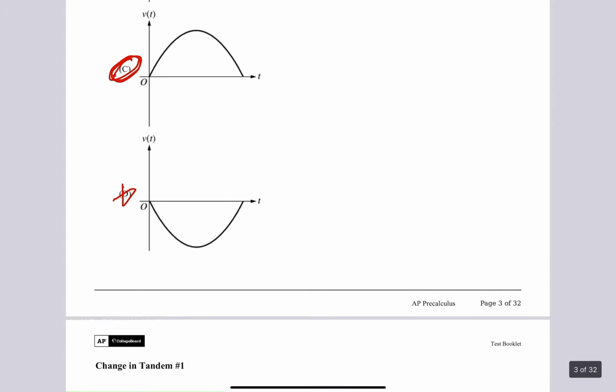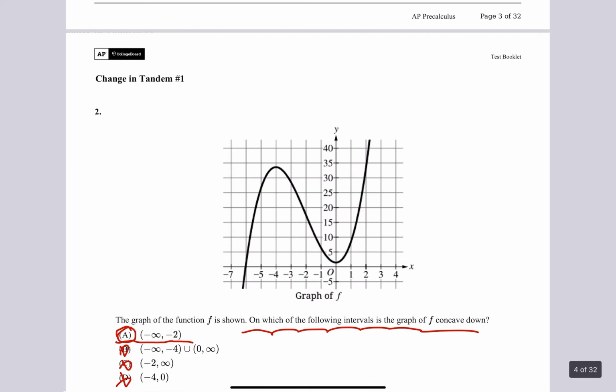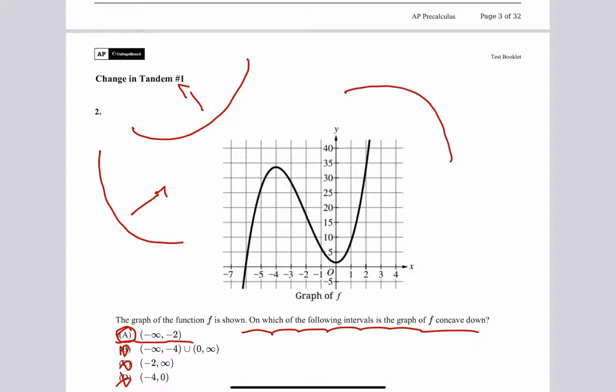But let me give you these variations in case you see them on the test. If you have a curved line that looks like this, concavity is upwards. Or it looks like this, concavity is downwards.